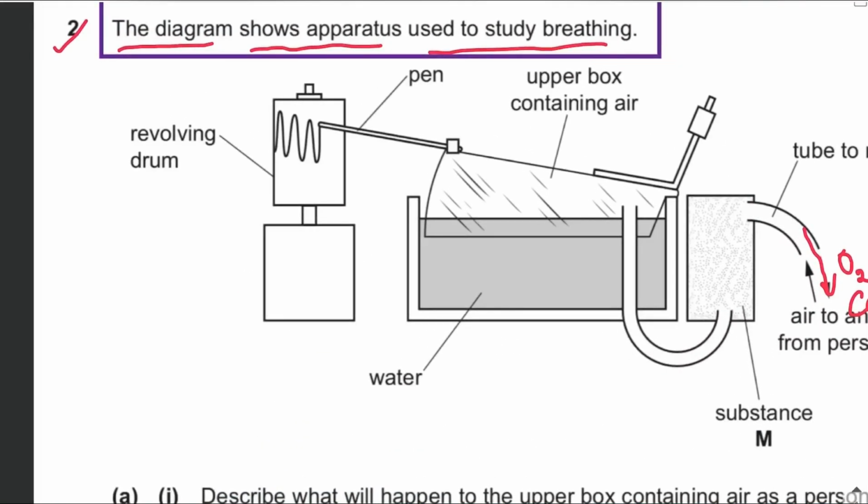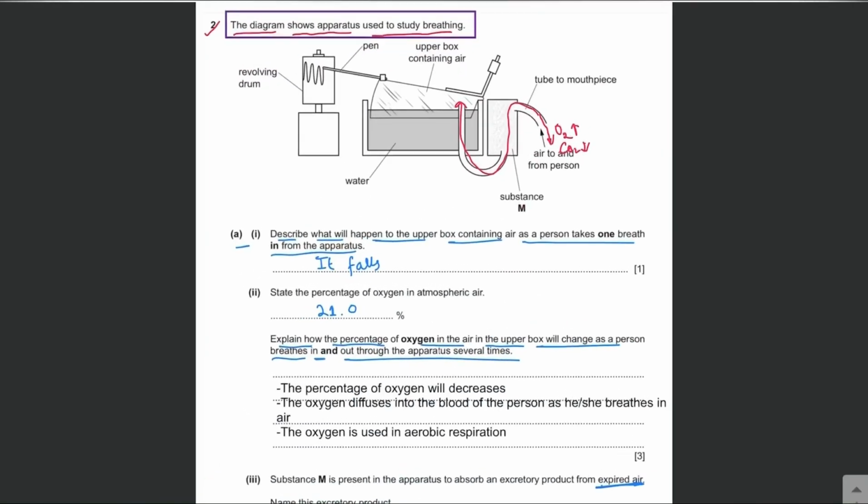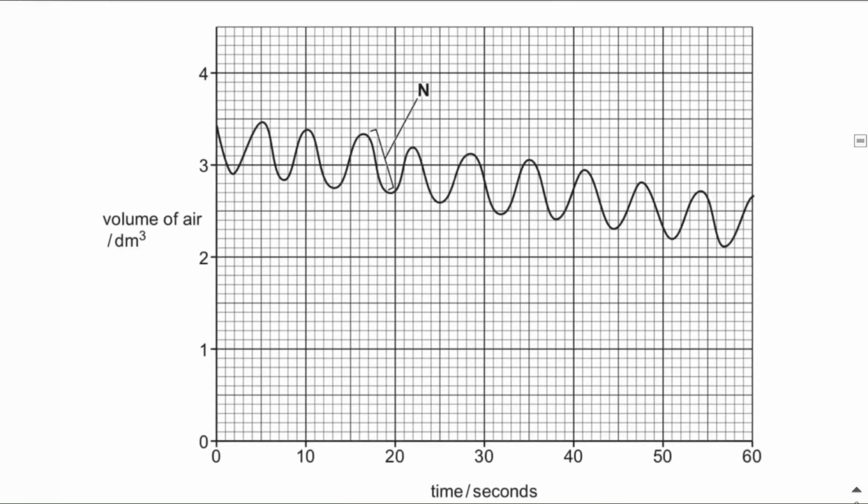You can recall from the pen over here that when the person breathes in, the volume of the air in the box decreases, and the pen goes down. So the graph goes down, right? And obviously when the person is breathing out, the air is coming into the box and the pen rises and the graph goes up. So guys, whenever the graph is falling, it means the person is breathing in, and whenever the graph rises, the person is breathing out.